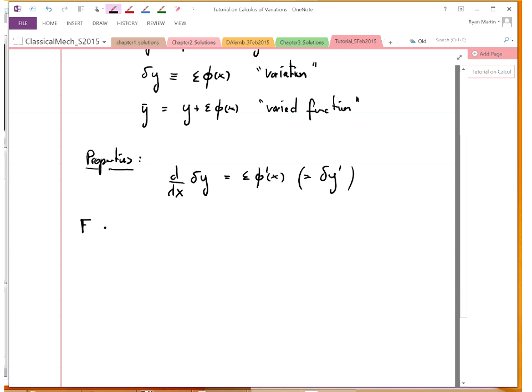So we also looked at how to find stationary values of functions. And those are given by doing delta f equals 0.